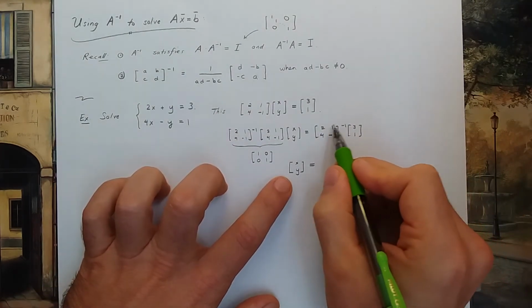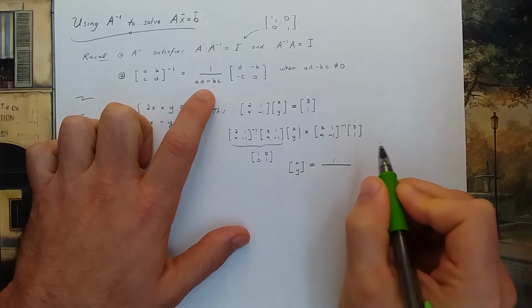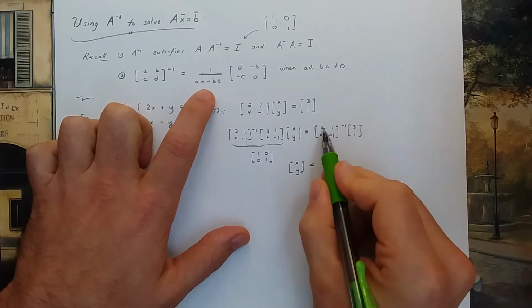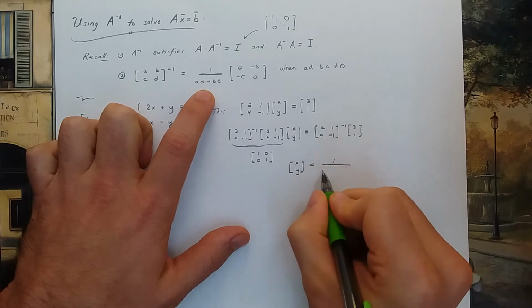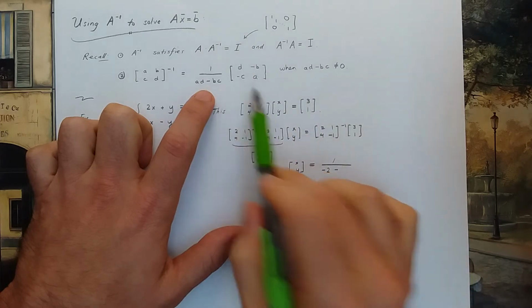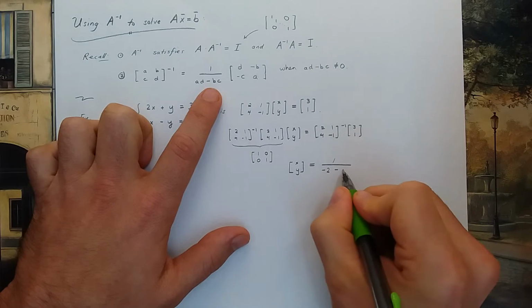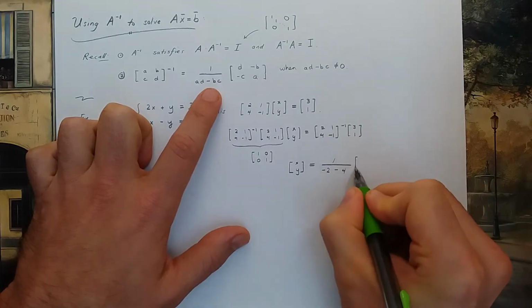This side, however, I can use our formula for a 2 by 2 inverse. So I get 1 over AD minus BC. So AD would be negative 2, minus BC. So BC would be 4. So I get 1 over negative 6.